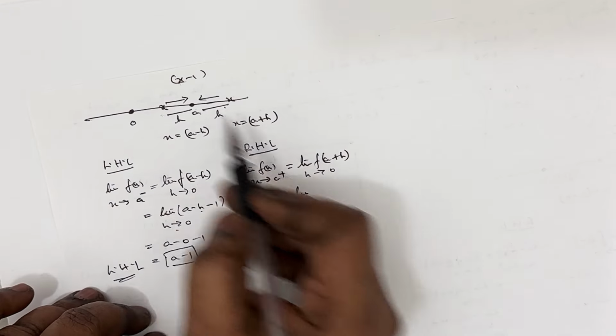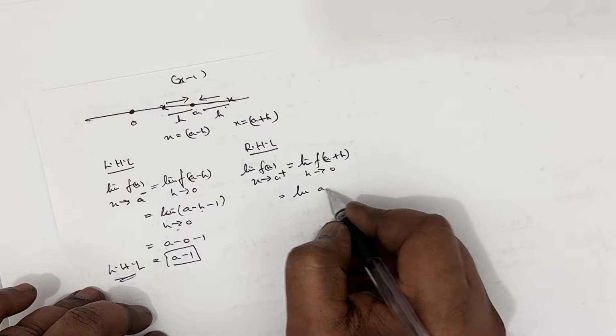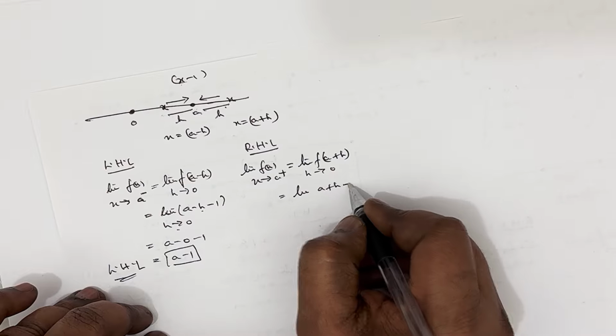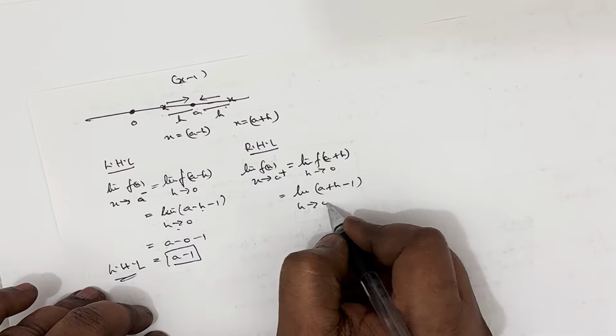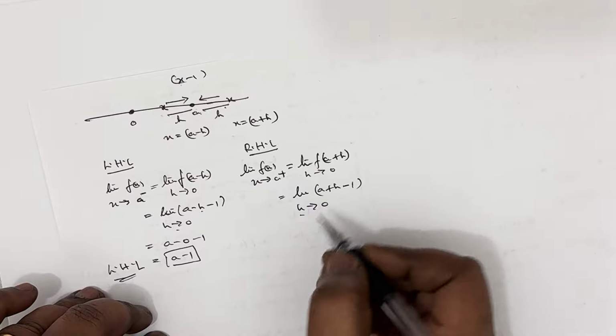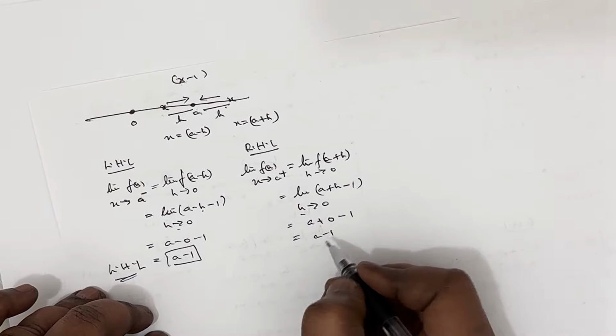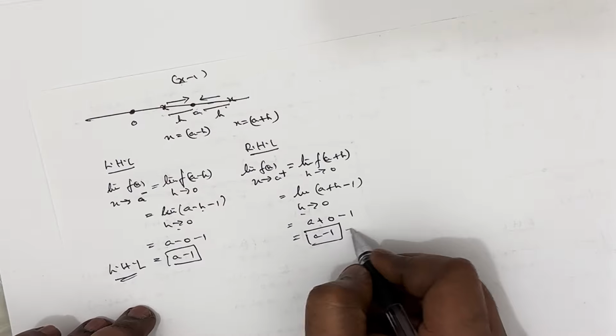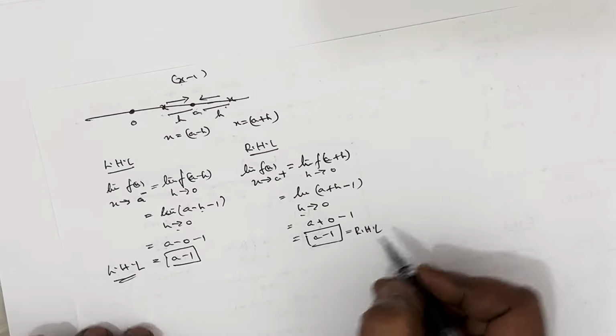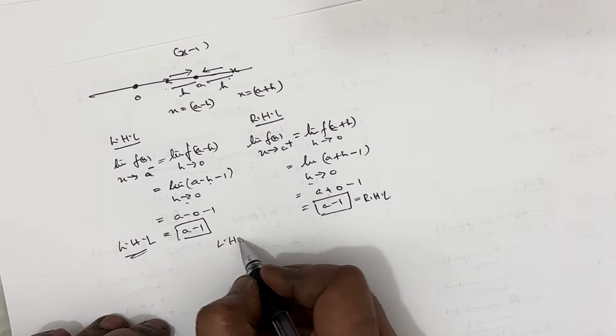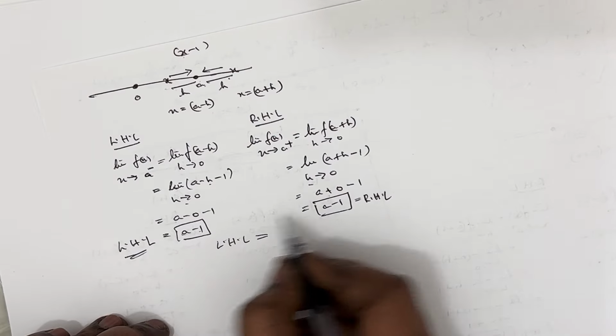Let's replace x with a plus h, so a plus h minus 1, as h tends to 0. Putting the value of h in the function, you get a plus 0 minus 1, which is equal to a minus 1. So this is the RHL. Now here both LHL and RHL are equal: a minus 1, a minus 1.